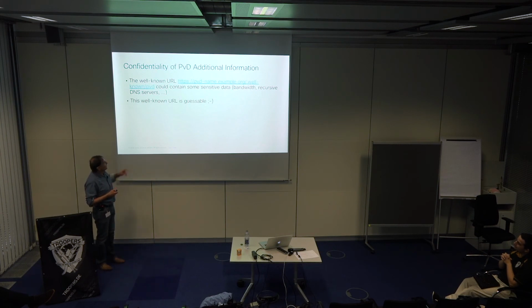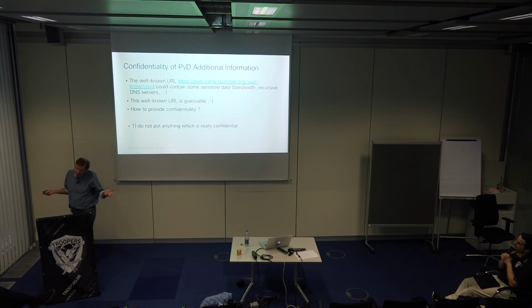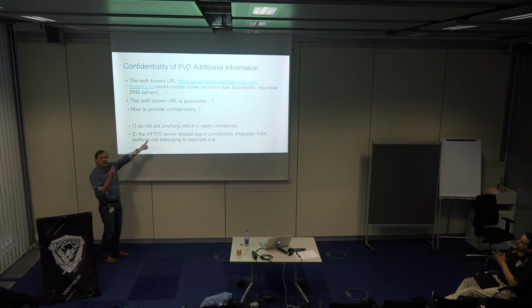Okay. It's a well-known URL, so it's guessable. That was my point. How to provide confidentiality to it? One point, of course, do not put anything which is confidential here. I mean, just beware, right? So that's my point. And the HTTPS server serving this JSON file should only accept requests coming from your prefix.